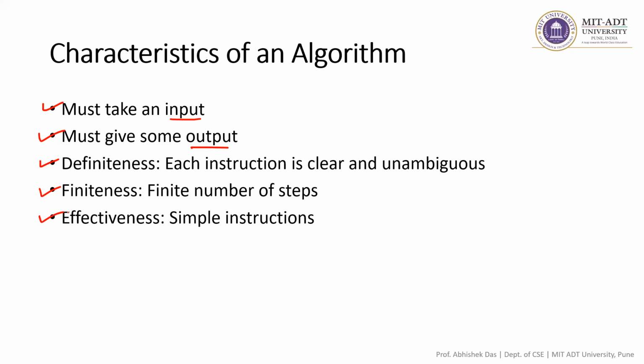And finally, it has effectiveness, which means that the algorithm must contain very simple instructions. Okay, so every person must understand what is written in every algorithm. So the instructions must be very simple in a particular algorithm.